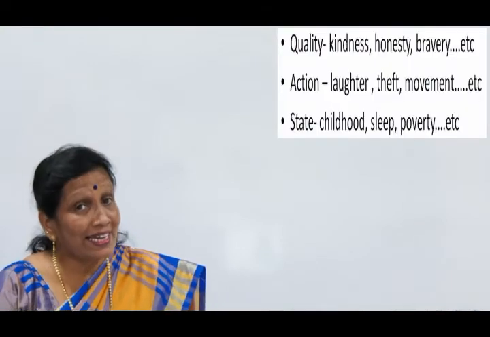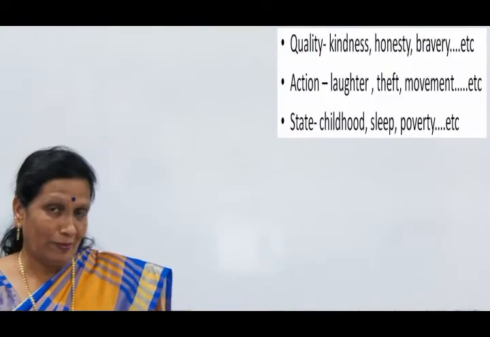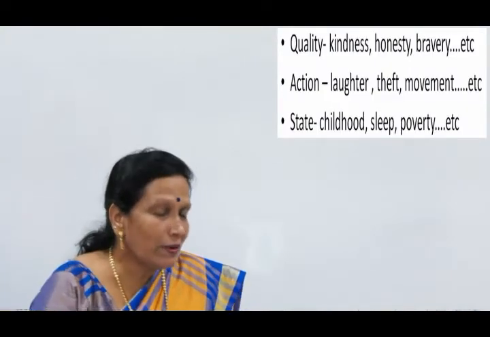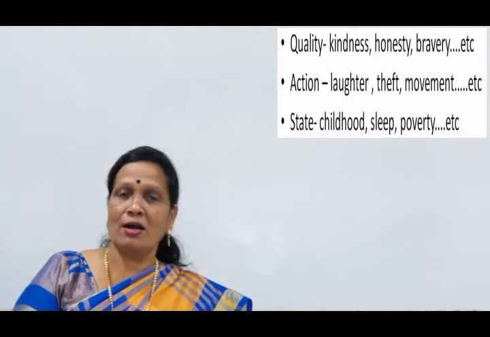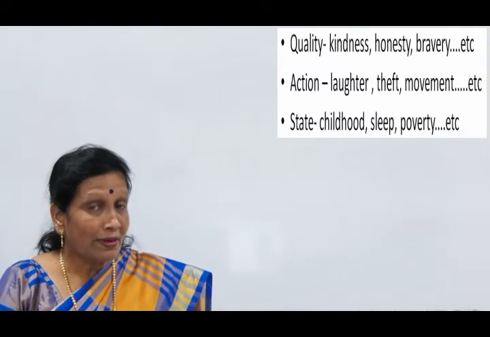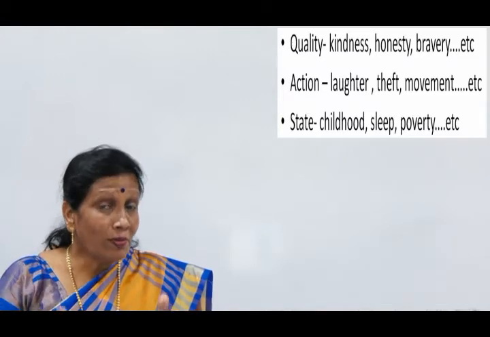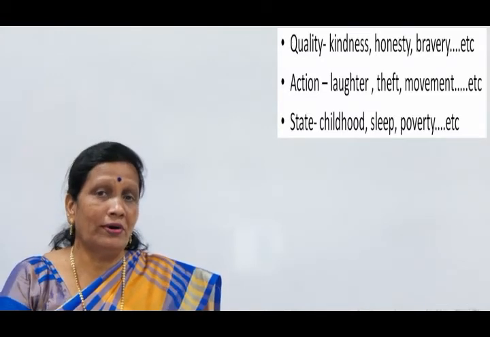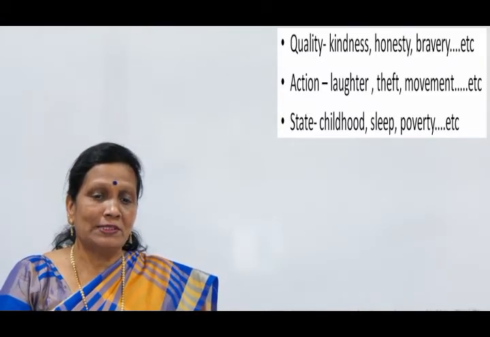And now state, childhood. You can experience childhood. You can talk about childhood. Sleep, it is a state. Poverty, people being poor, it is an abstract noun. So an abstract noun is the name of a quality, action or state which is considered apart from the object to which it belongs.